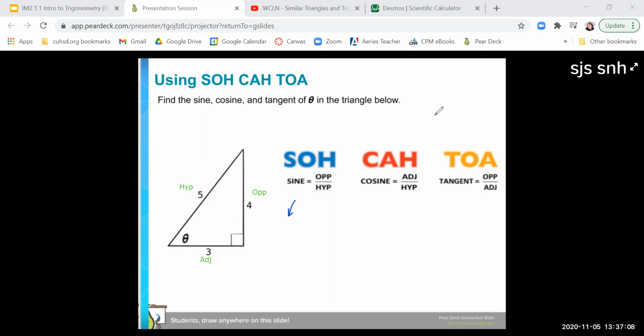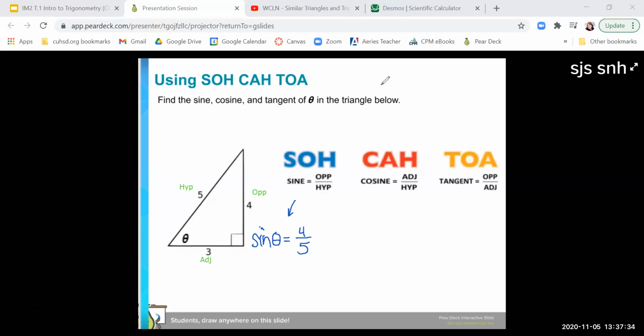We start with S-I-N, that's short for sine. Then we put theta, and you do need to write theta. Sine of the angle, sine theta, is equal to opposite over hypotenuse. And that's all we're practicing doing here.